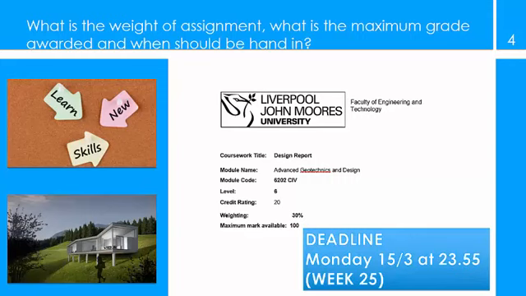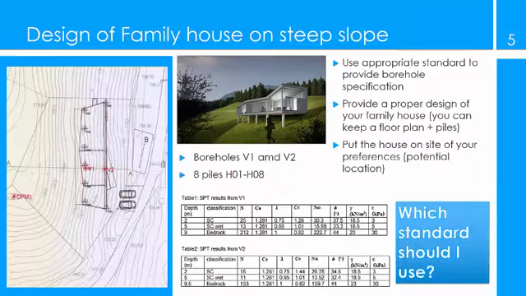So there is interaction of substructure, the pile foundation, and superstructure, a family house. In this slide, I will give you some more explanation on the design of the family house.